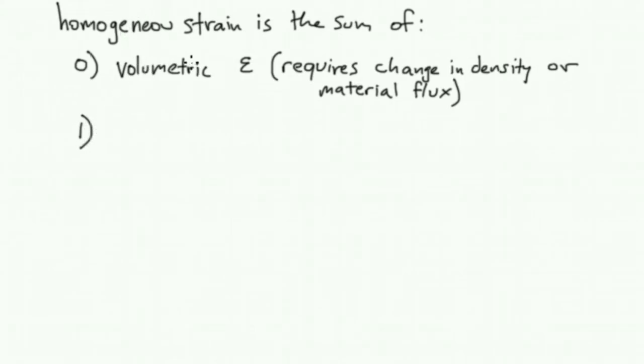So that can happen, and it would be homogeneous strain. Basically with volumetric strain, take a box like that, turn it into that. The straight lines which make up the top and bottom, or the sides, stay straight and parallel. This is volumetric strain.